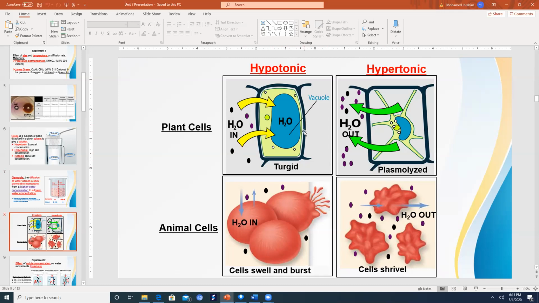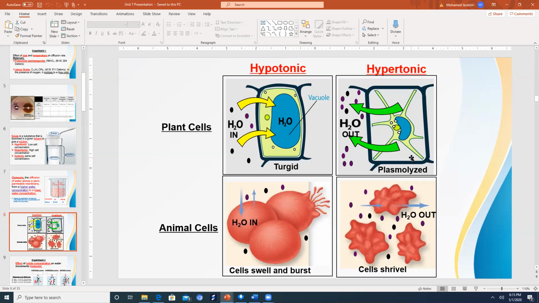You have more salt concentration inside the cell than the soil. So water is moving into the cell, and that will make the cell increase in size. We call this turgidity. The cell is not going to rupture or break down because they have a very tough, rough cell wall. It's going to protect the cell.